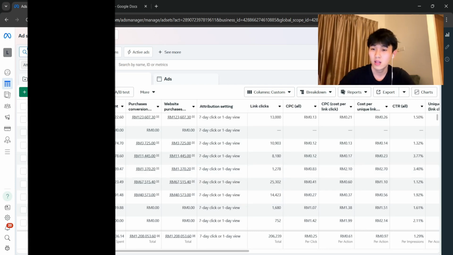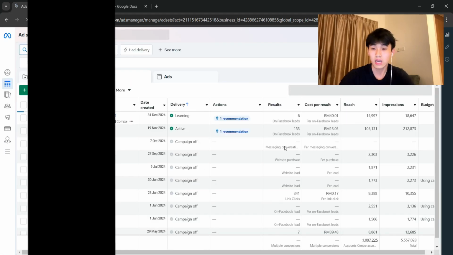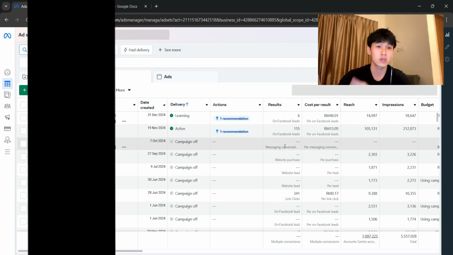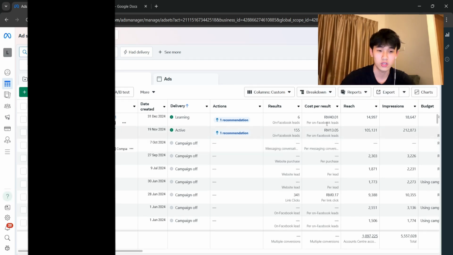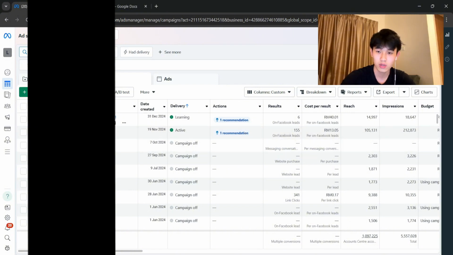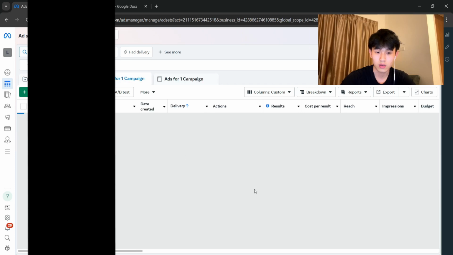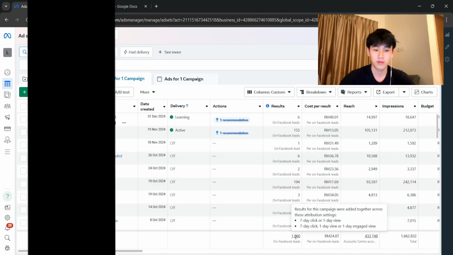Actually, before that, let's go to one of the other ad accounts that I have here with another client. The last client was e-commerce. This one would be a lead generation client. We worked with this client for about a year as well. If I go to campaigns here, there we go. We've generated around 1,060 leads in about, actually not even a year.